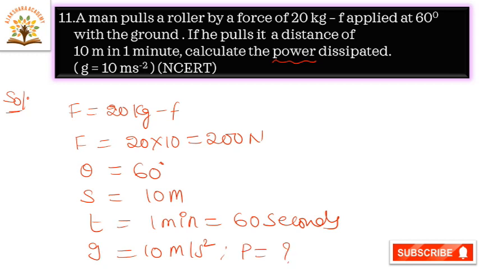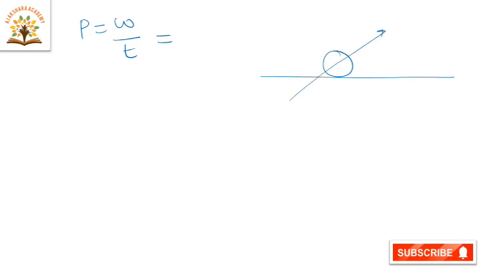So now P is equal to W by t. Now we are pulling this, and force F making an angle theta here, and this is F cos theta.